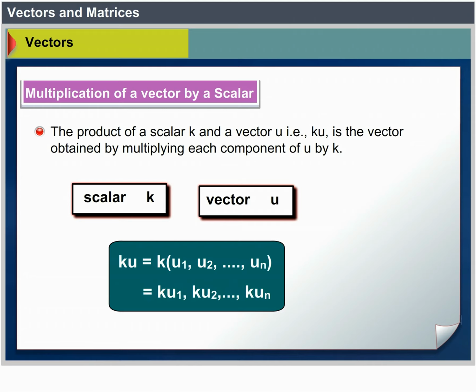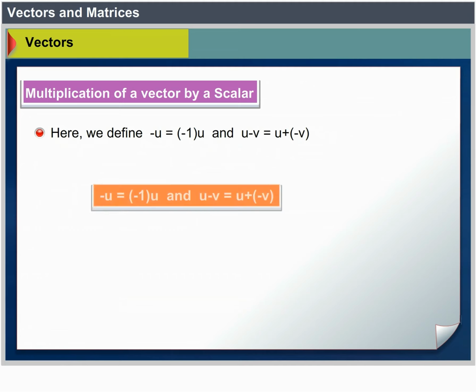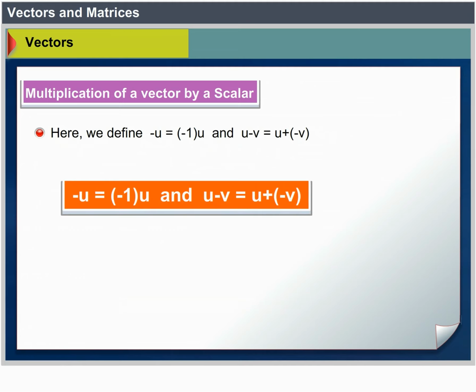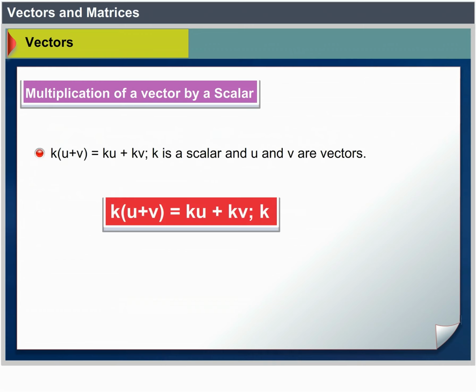Here we define -u = -1 times u, and u - v = u + (-v). k(u + v) = ku + kv, where k is a scalar and u and v are vectors.